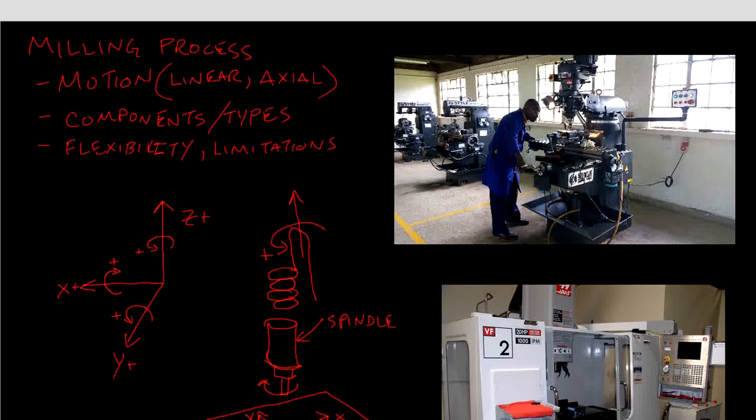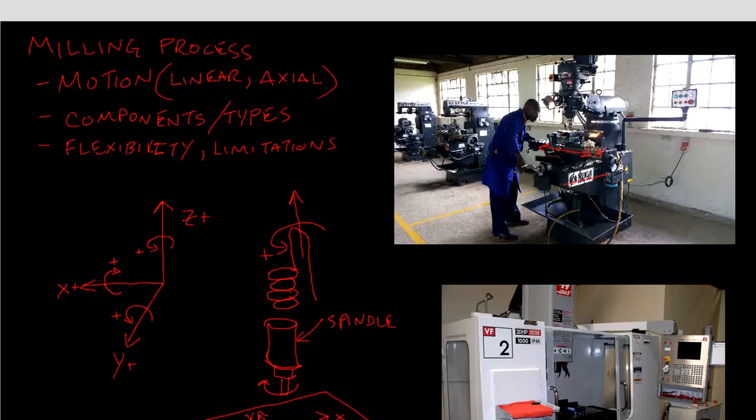So here we have a conventional mill. This is an older style mill. I'll just draw the axes on the mill itself. If you use these hand wheels, you can move the table in the X direction.